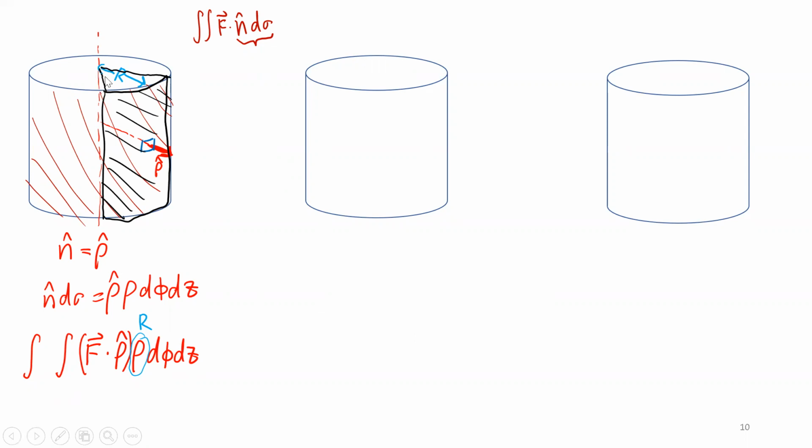You need to consider the phi value for this line and the phi value of that line, and then put your lower limit and the upper limit. Let's say here is at phi naught, this one is at phi 1. It really depends on how much of the curved part you want to include in your flux integral.